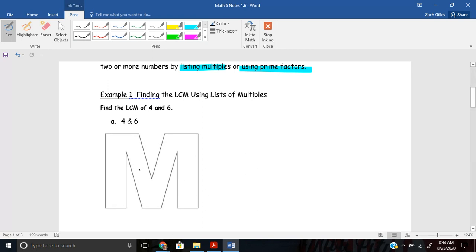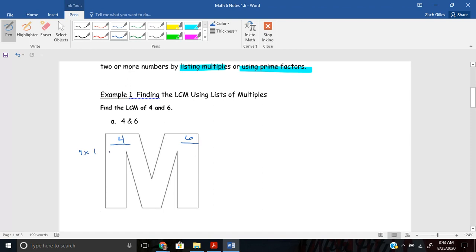I'll kind of show you how this is a list, and I'll show you another common list method. So what I like to do is start out by writing my two numbers, 4 and 6, up at the top of my M, the two legs of my M here. And then when I'm finding multiples of these, I need to take 4 times 1.